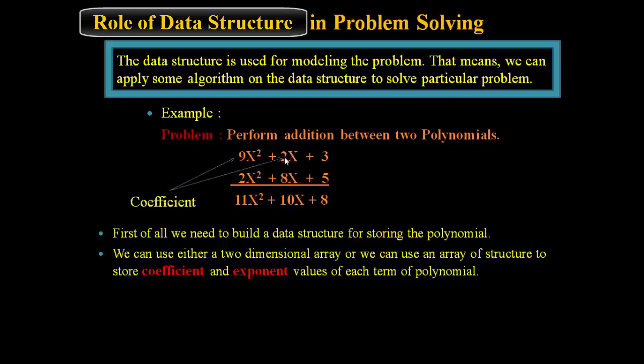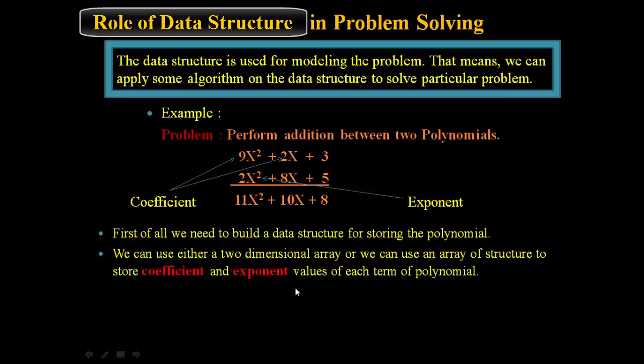In this polynomial, 9, 2, 3 and here 2, 8, 5, these are all known as coefficients that we need to store somewhere inside the data structure. Another thing we have to store is the exponent. Here 2 is also an exponent that we need to store inside the data structure. For that we can use either a two-dimensional array, or an array of structures, to store the coefficient and exponent values.